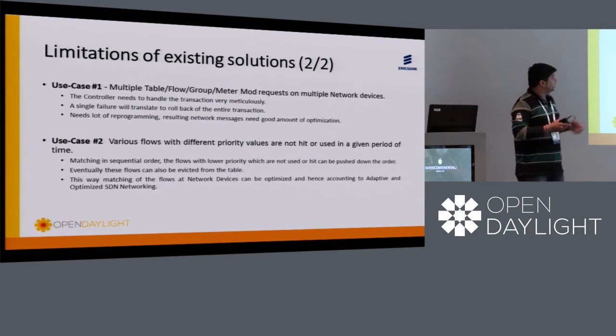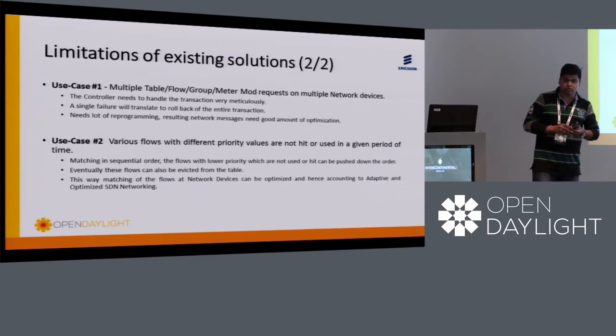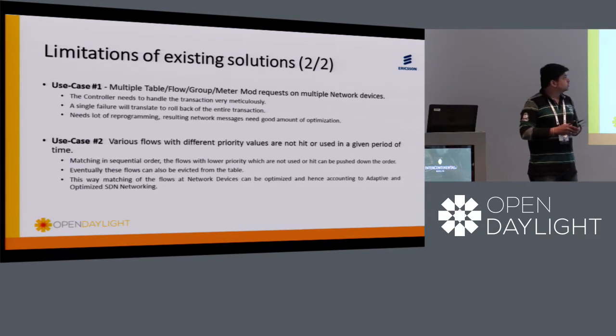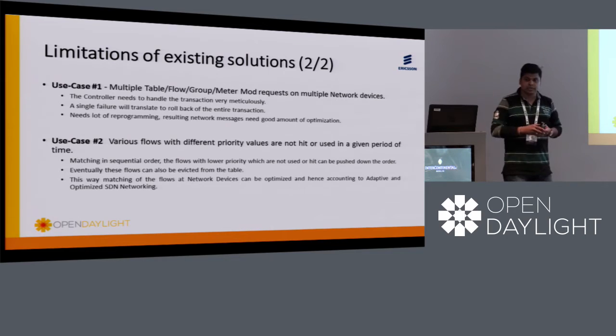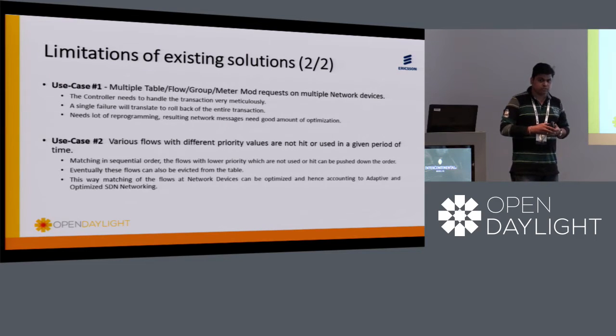Use case 1 can be when we have too many flows, meters or group requests going down to the switch. So if one fails, everyone has to roll back. So in use case 1, the controller has to reprogram all the flows, groups and rules again.